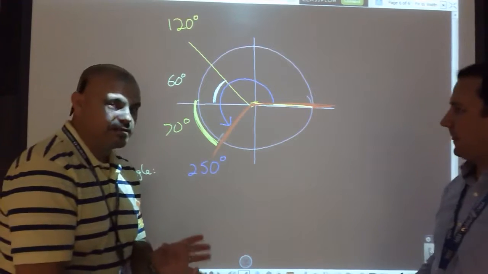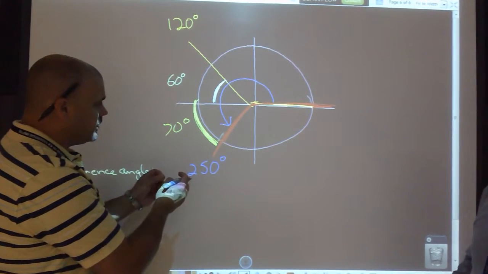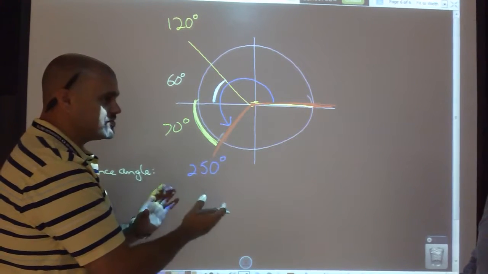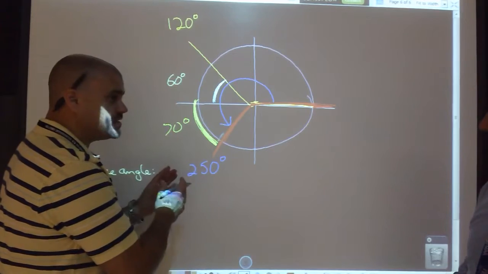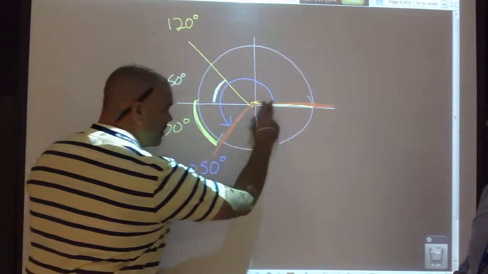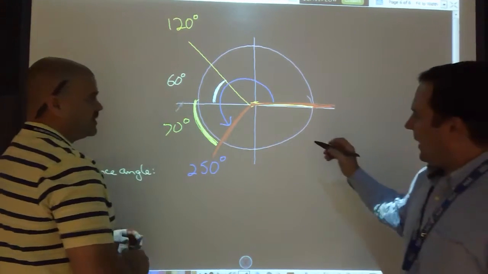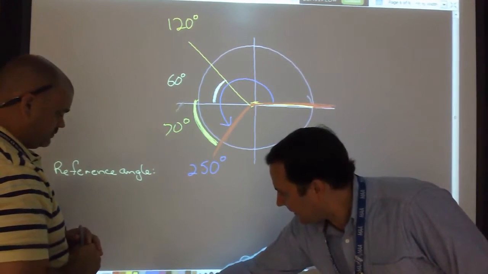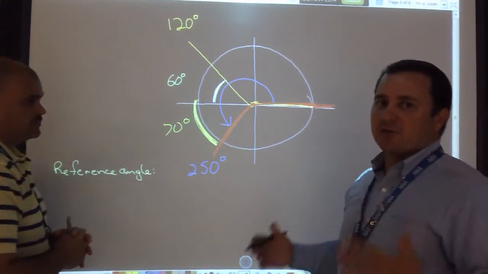So what you're saying is, no matter where that terminal side is, we just need to get as close as we can to some x-axis, whether it's the positive x-axis or the negative x-axis. The closest. And because we're doing this, the reference angle is always 90 degrees or smaller.